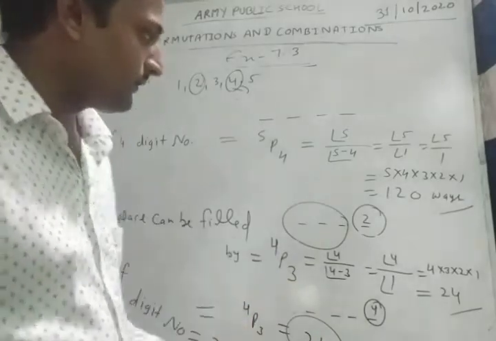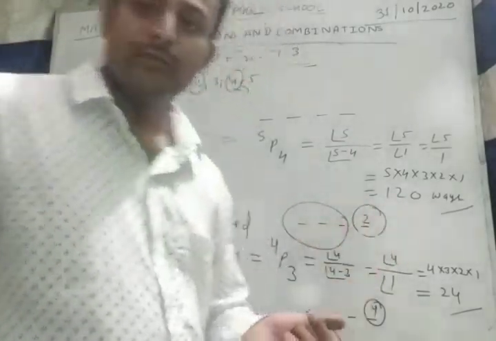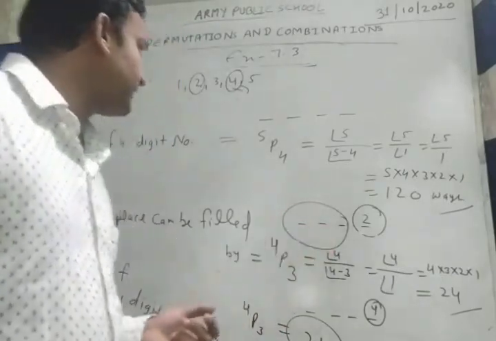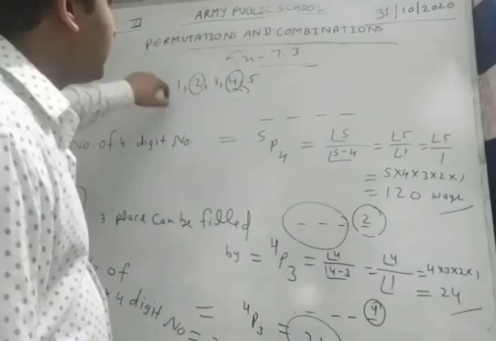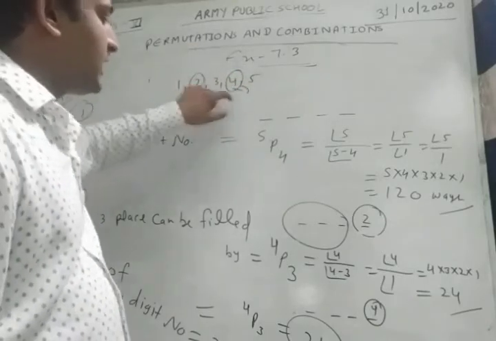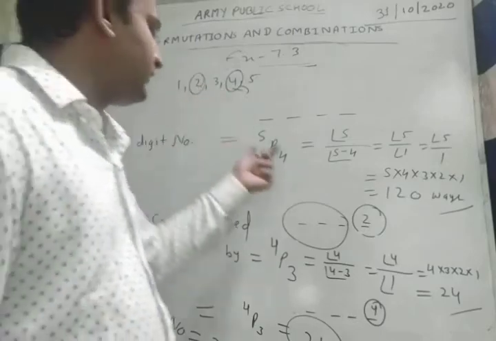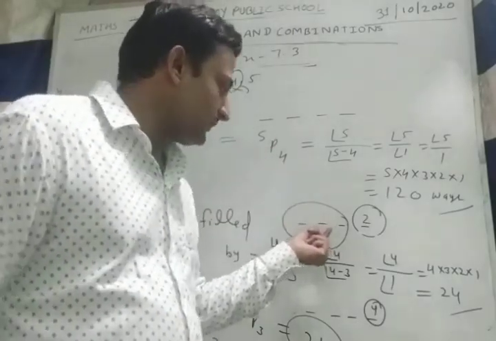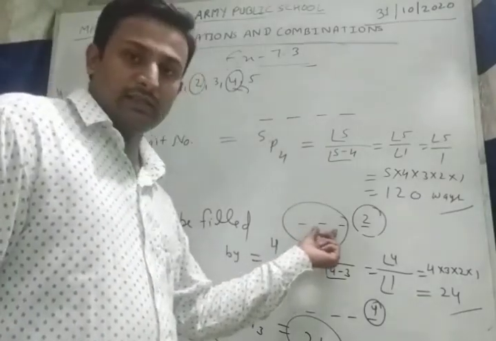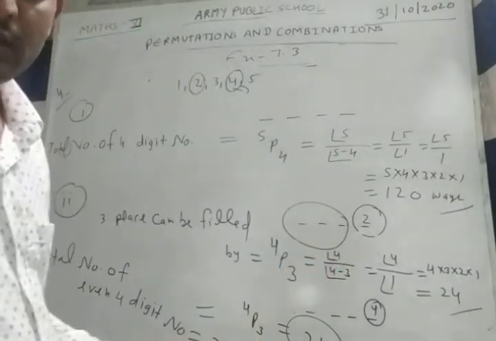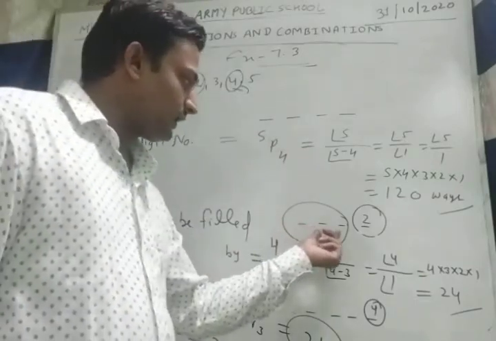If we are fixing 2 at the unit place, there are 3 places remaining, and at these 3 places we can fill. 4 numbers are remaining, and from these 4 numbers we are arranging 3 places.